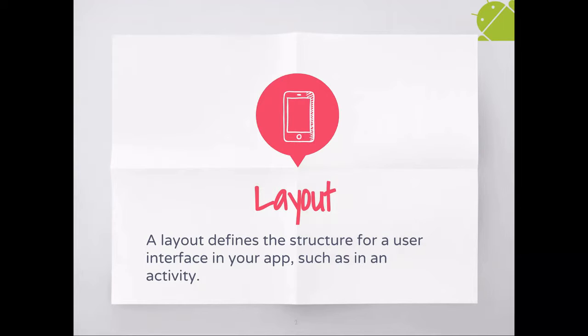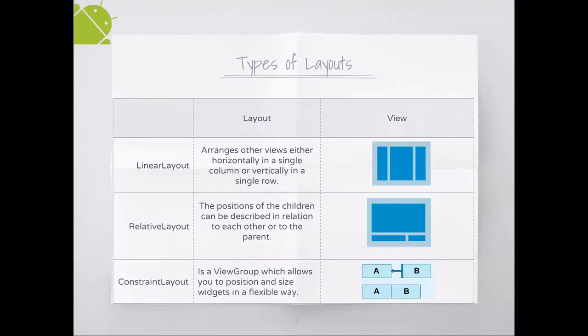And these are the types of layouts. I'm sure you will find more types in the documentation. However, these are the three most popular. The linear layout arranges other views either horizontally in a single row or vertically in a single column. This is very useful.